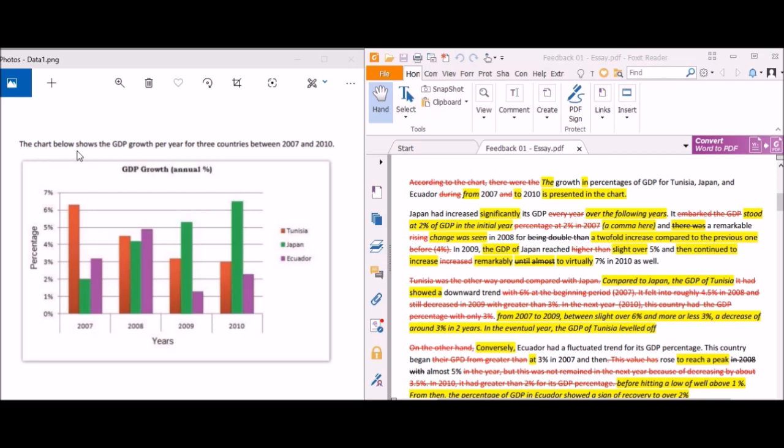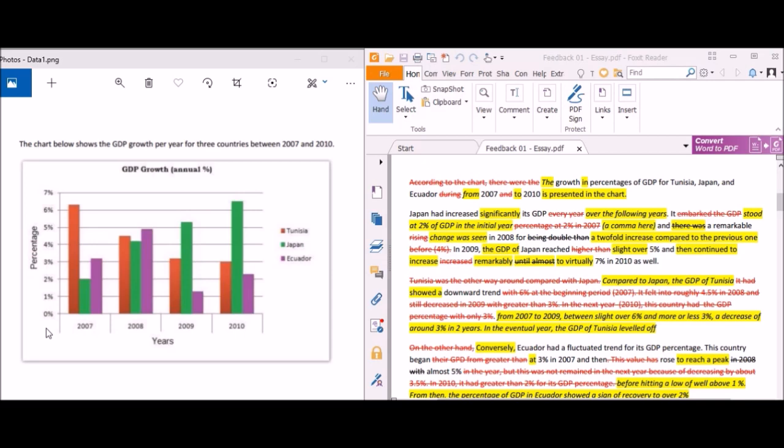The question is: the chart below shows the GDP growth per year for 3 countries between 2007 and 2010. So we can see that this is the comparison between the GDP growth for every year, for 3 countries. They are Tunisia, Japan, and Ecuador.